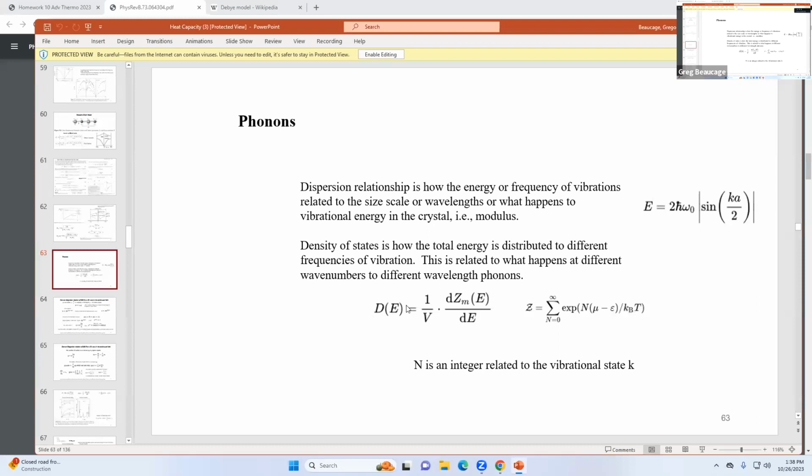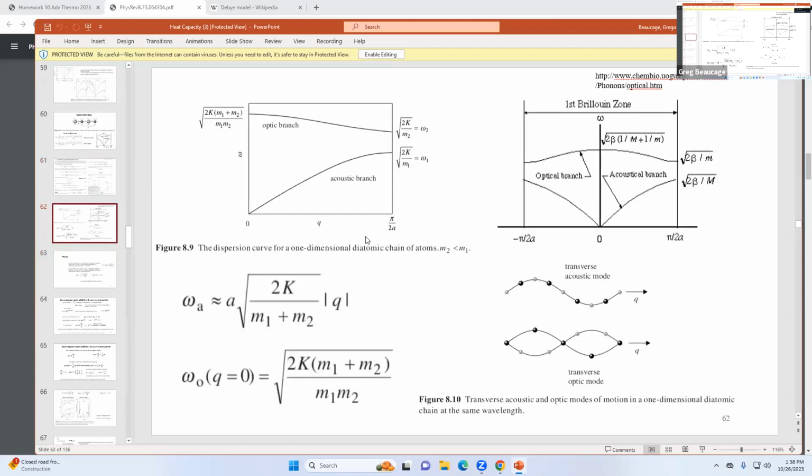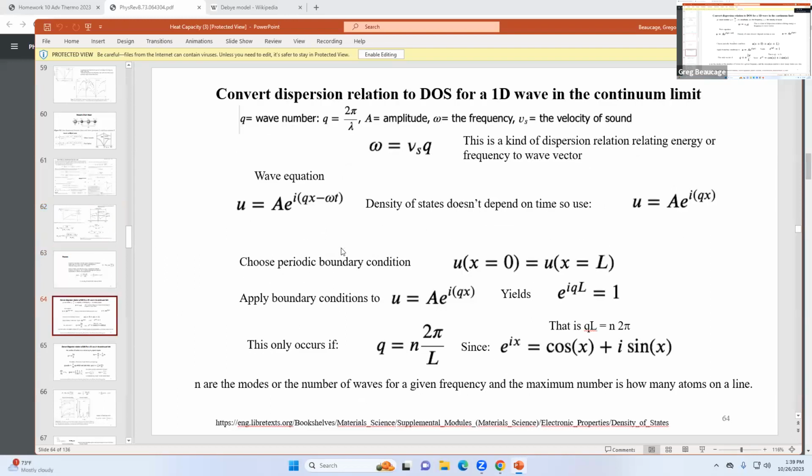You integrate density of states times the Bose-Einstein times the frequency and that gives you the average energy. So the question is, how do you get from this dispersion relation to the density of states? In other words, how do these curves tell you how energy is distributed over frequency? You have wave number and frequency, and somehow you get there. The only thing I could find that directly did that was this thing from the Libra text where they did that.